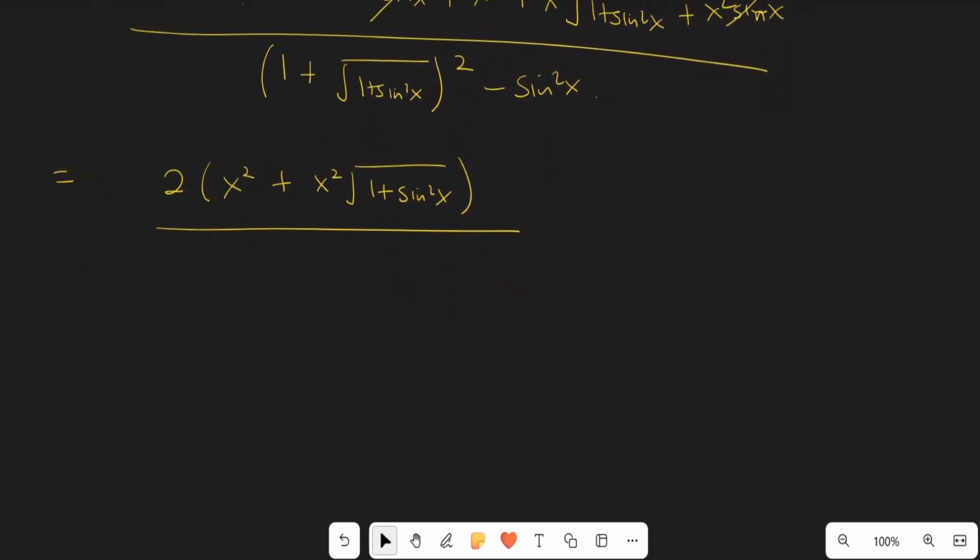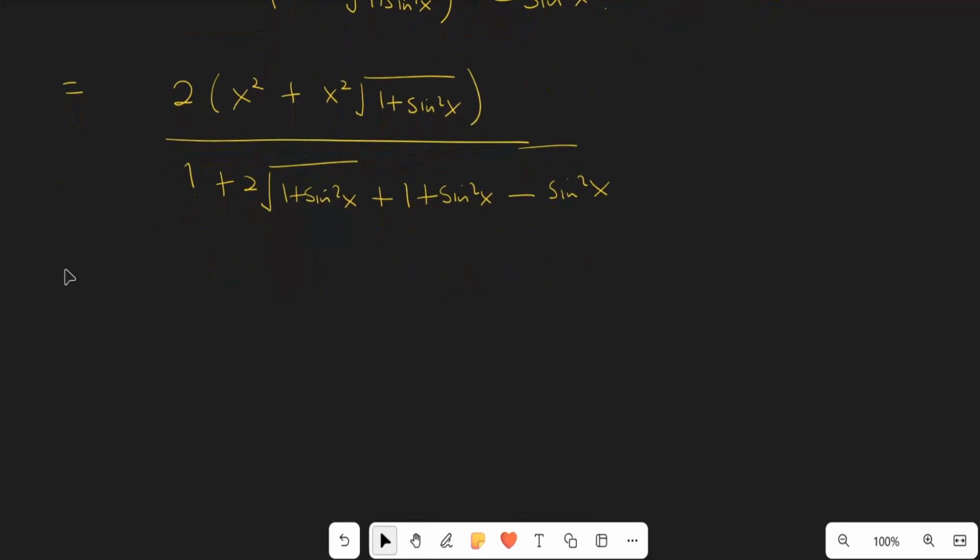This one I can expand. This one is 1 plus 2 times this 1 plus the sine square of x plus 1 plus sine square of x minus sine square of x, like this. Cool.